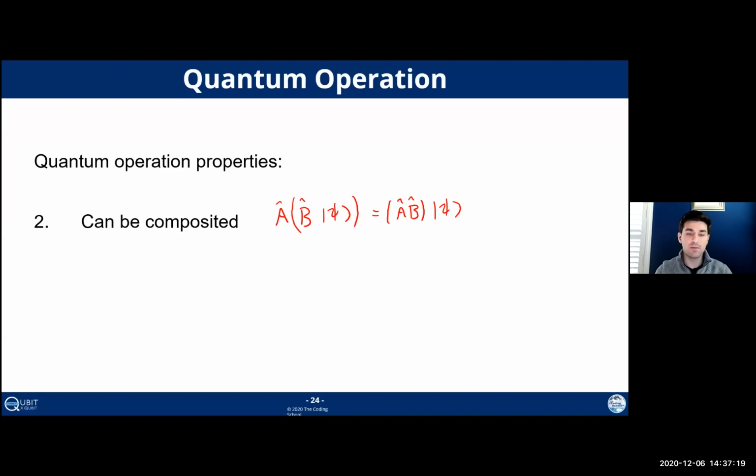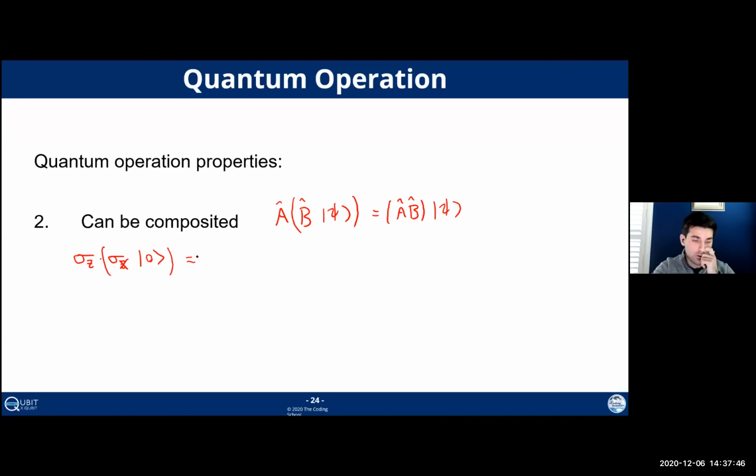Okay, so maybe let's look at an example for this now. So let's say I have my Pauli Z operator and my Pauli X operator. So let's do Pauli Z times Pauli X, times the zero state. Okay, so what do I get in this case?